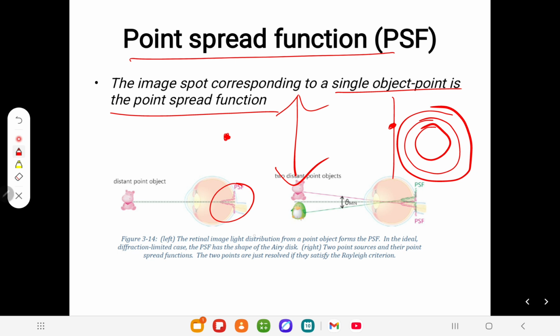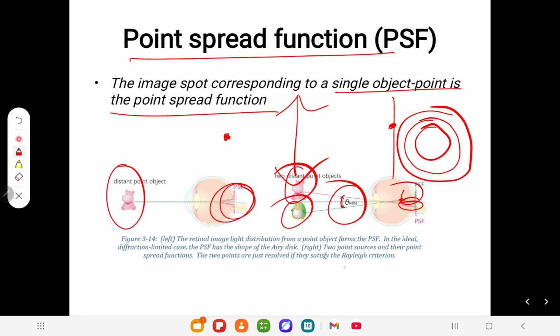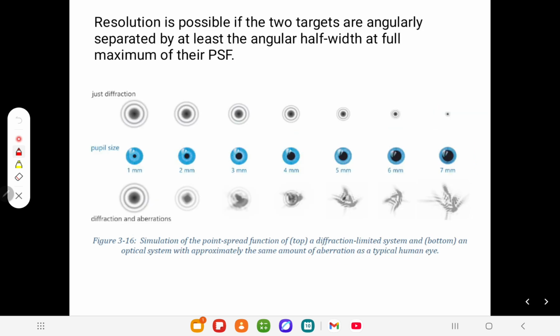So we have discussed two objects and the minimum angle of separation: if one peak at least falls under the first minima of another Airy disk, then resolution happens, and that criterion is the Rayleigh criterion. Okay, let's move forward. This is the beauty of the book by Professor Dr. George Smith. See, I have always discussed it.